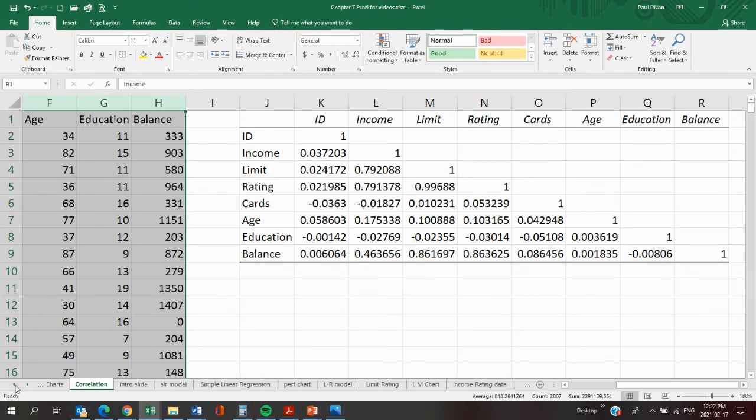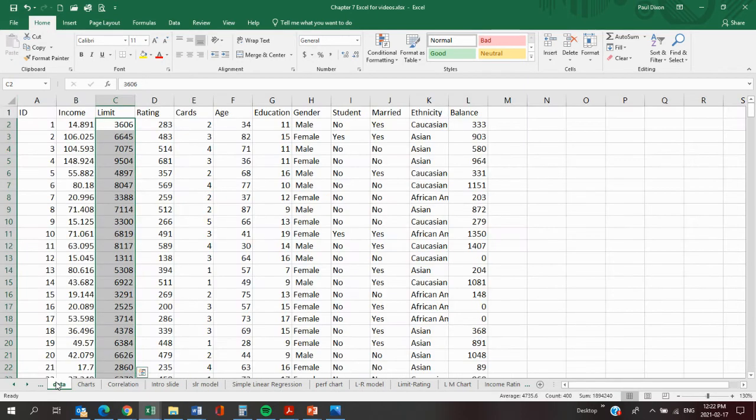So if I go back to my data and I'm going to pick income and rating, ooh, they're in different columns. It's not going to let me do this. If I try to do that, it's going to grab limit in between. I can't grab this column and that column separately without grabbing limit.